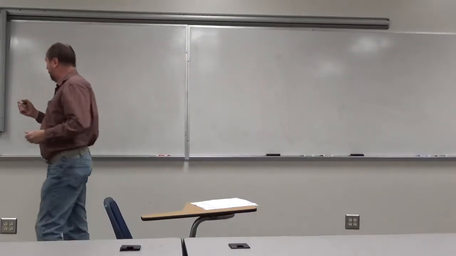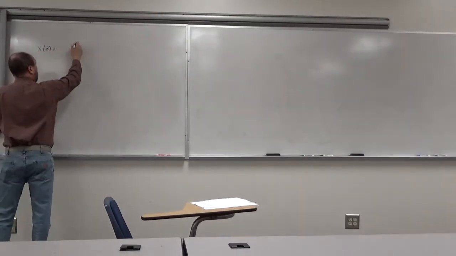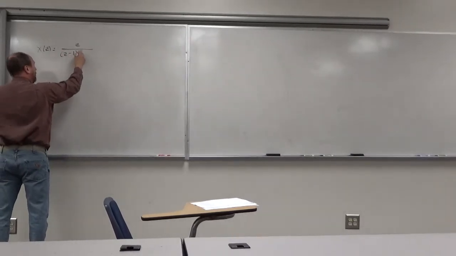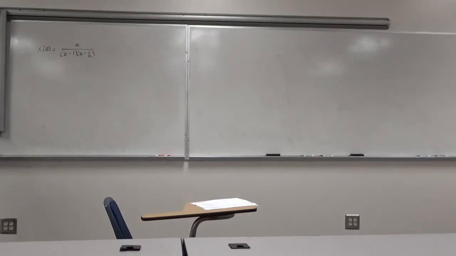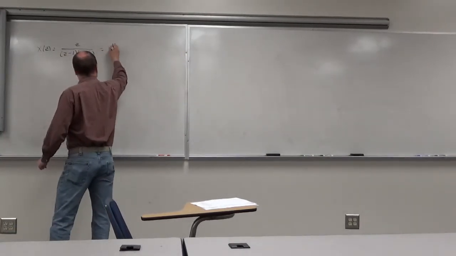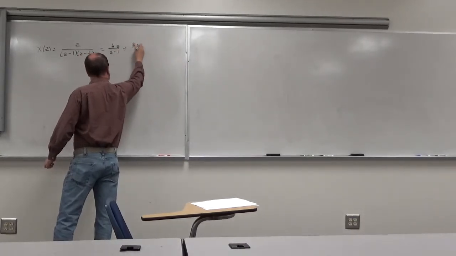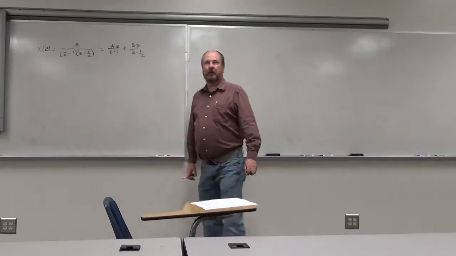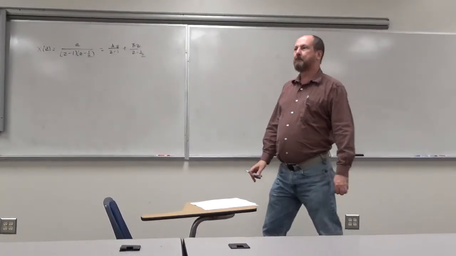If I were to write X(z) is z over (z minus 1)(z minus 1/2), you know that we would partial fraction expand like this: Az over z minus 1, Bz over z minus 1/2. And A and B could be found by the cover-up method, right? Yep.